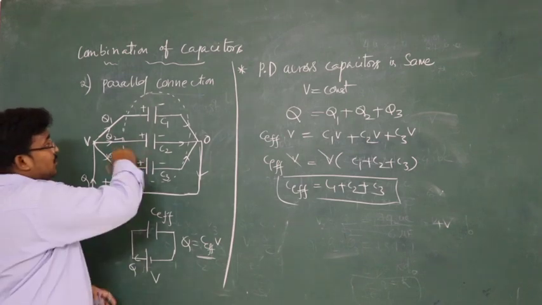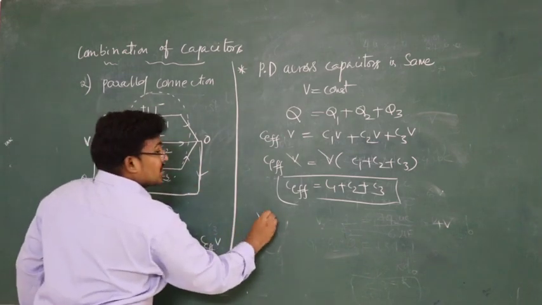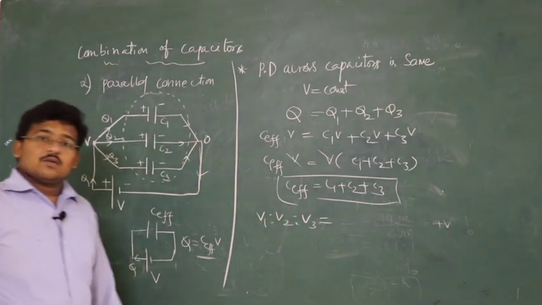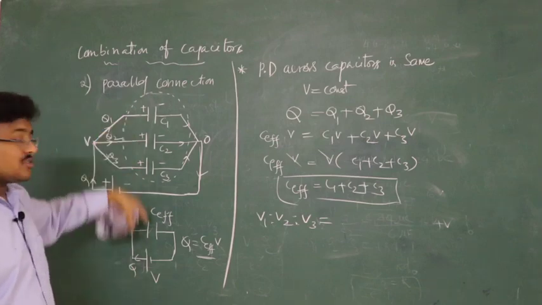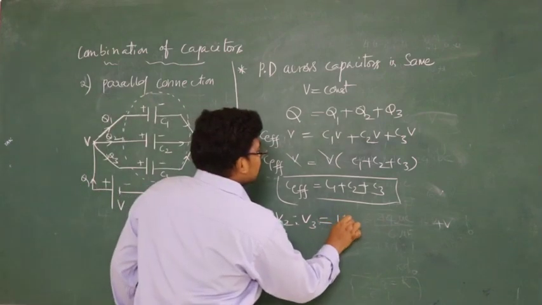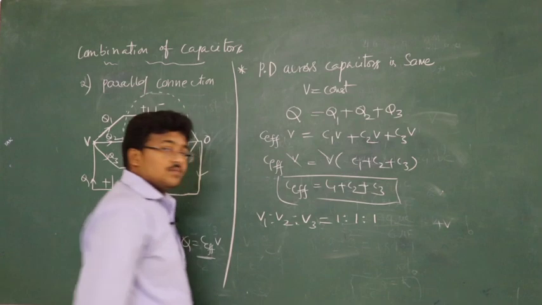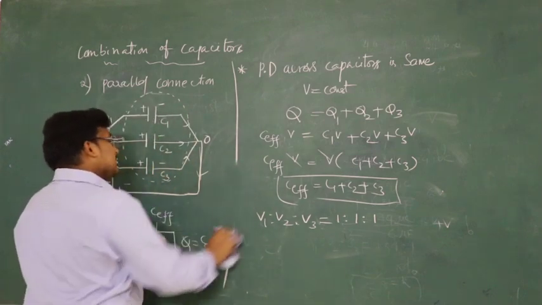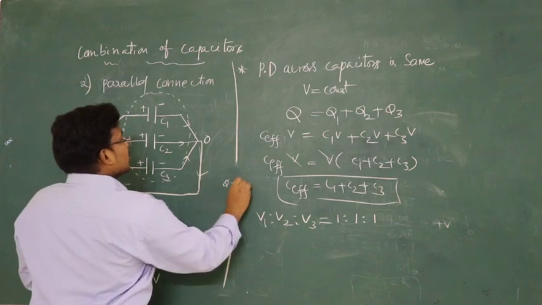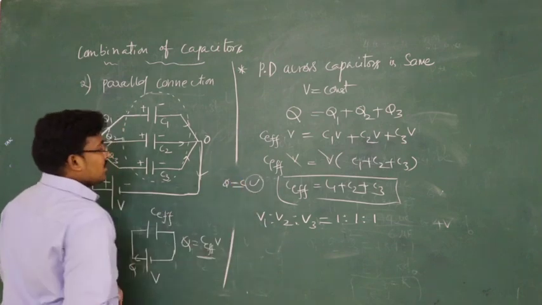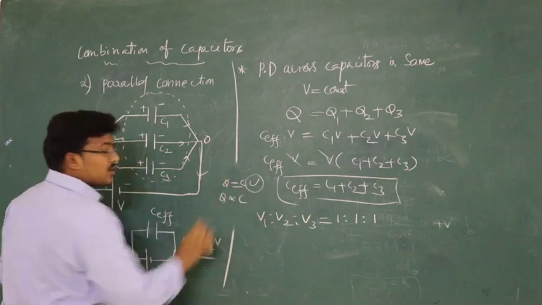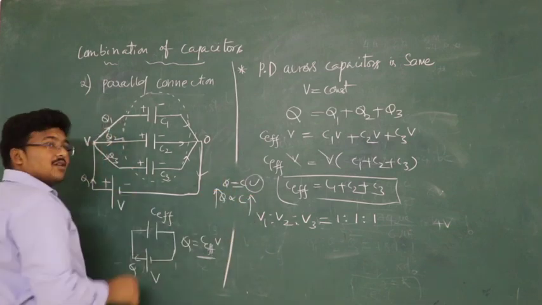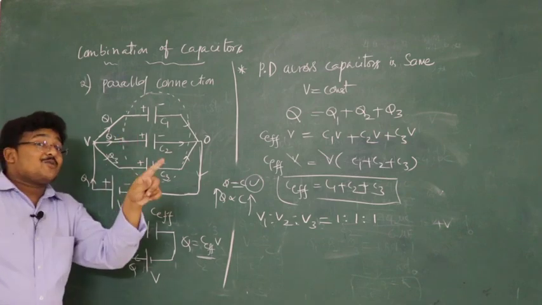So here, what is the potential drop across each capacitor? V1 is to V2 is to V3, all potentials are same, so that is 1 is to 1 is to 1. Now you know that Q is equal to CV. Here V is same. Hence Q is directly proportional to what? C. It means the more the capacitance, the more charge it will take at a given potential.